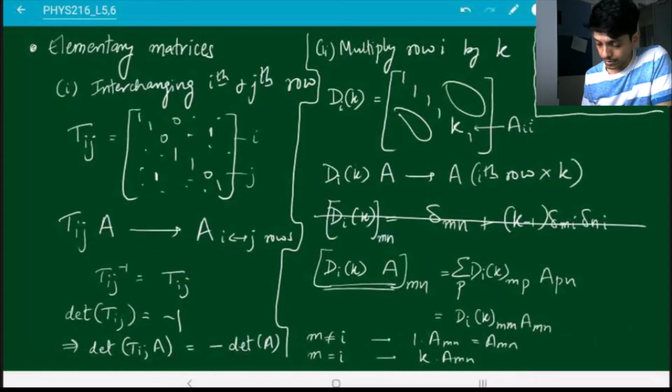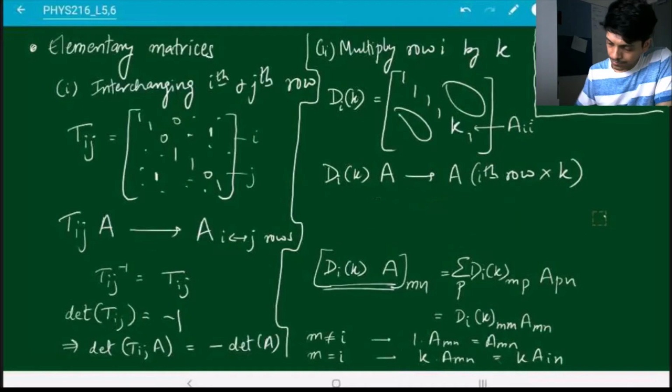So the i-th row gets multiplied by k, that is, since m is equal to i, this is k times A_in. Your i-th row gets multiplied by a factor of k. All the other rows remain exactly as they are. So that's what this matrix achieves. When you multiply D_i(k) with any matrix A, it makes sure that in that matrix A, the i-th row gets multiplied by the constant k.